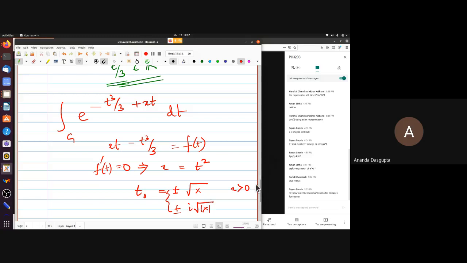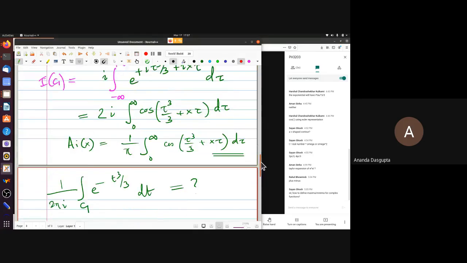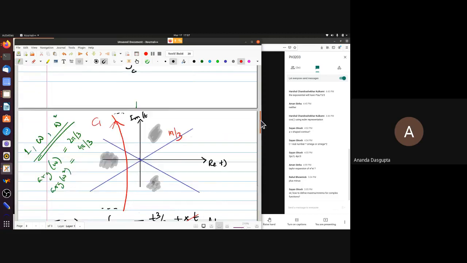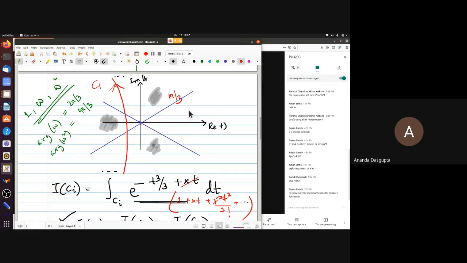Okay, so basically depending on whether x is positive or negative, you have your location for these special points. When x is positive, the special points are located, let's say, here at root x and here at minus root x. When x is negative, the special points are here and here.